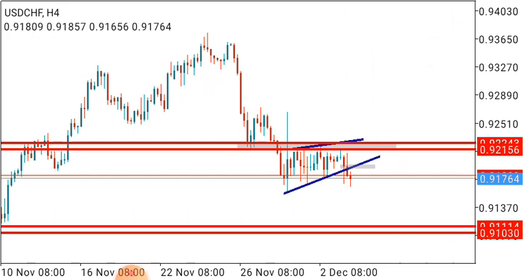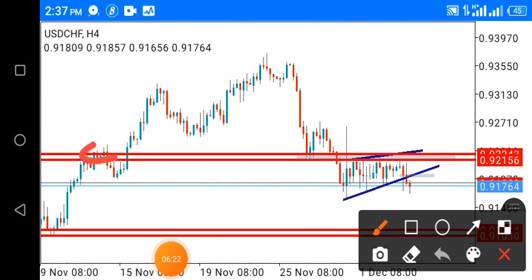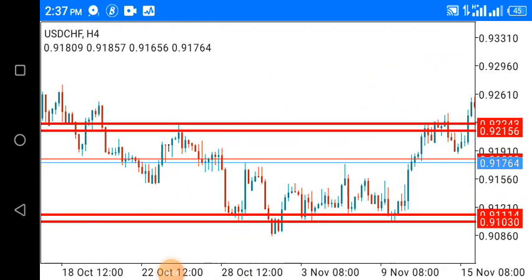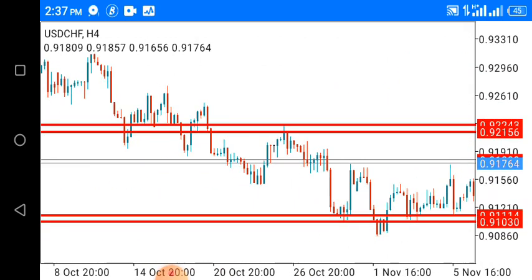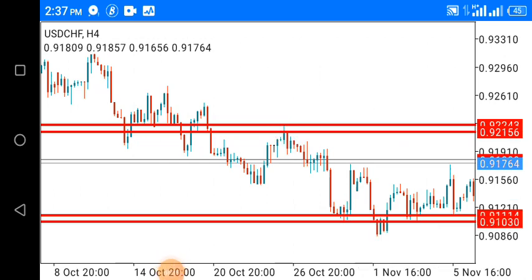If I place this line and move back, I will see that this level was tested also in the past. And if you go further, you will also see another one here, that this level was tested the second time here. That was the third time there.